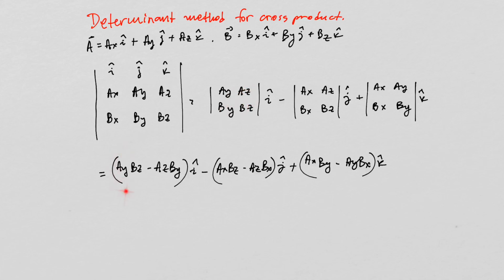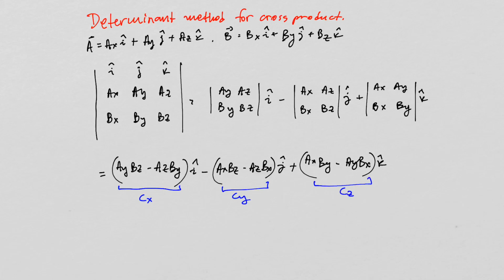And this is the x component of the resultant vector. From the second determinant, I get the y component of the resultant vector. And from the third determinant, I get the z component of the resultant vector. So this here is Cx, this is Cy, and this is Cz.